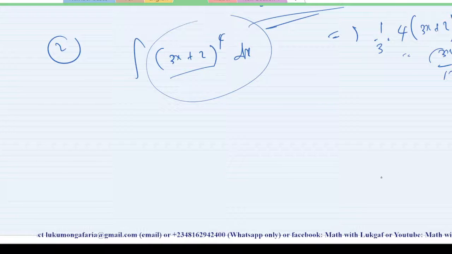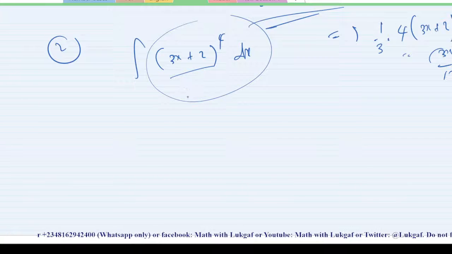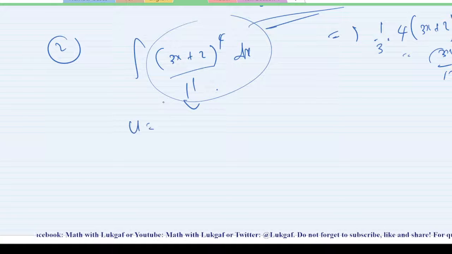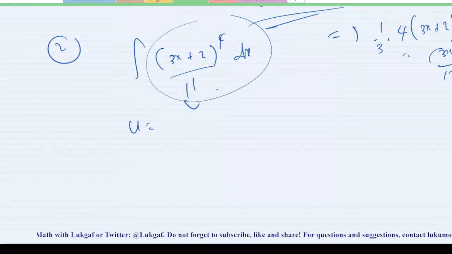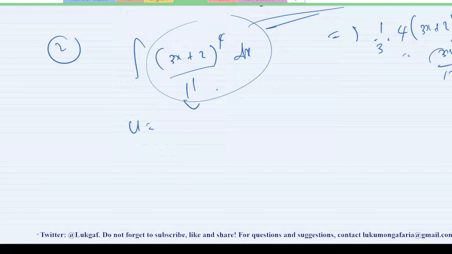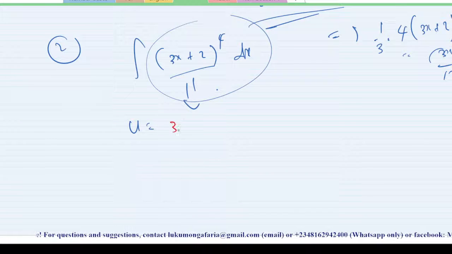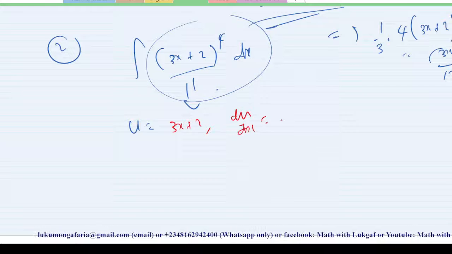Then you can simply do this using what? The u-substitution method. It is very simple. So you are going to make your u a linear function of x. So we are going to have my u here to be 3x plus 2. Then your du dx will be 3.